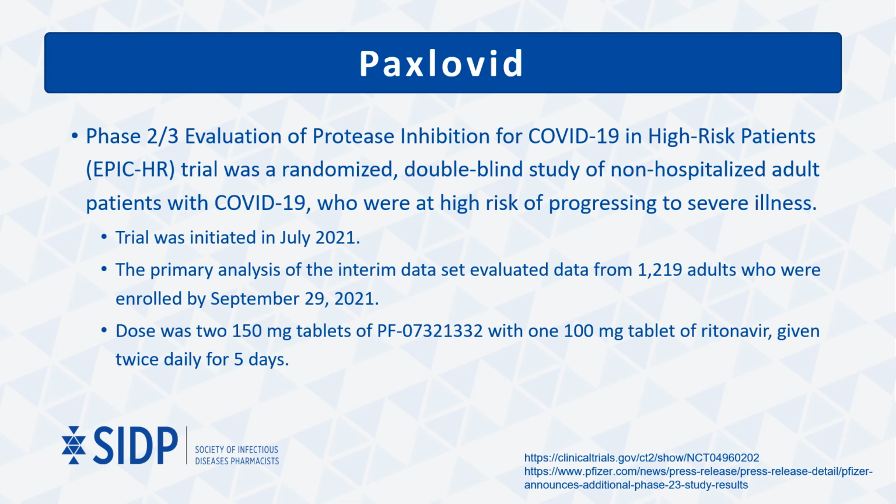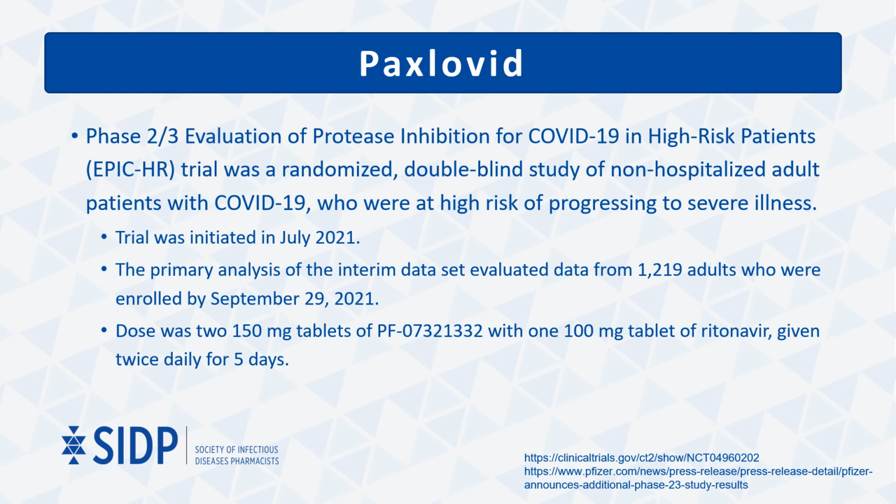In a phase 2/3 evaluation of protease inhibition for COVID-19 in high-risk patients, or the EPIC-HR trial, patients were randomized and evaluated in a double-blind manner. Individuals were non-hospitalized adult patients with COVID-19 who were at risk of progression to severe illness.